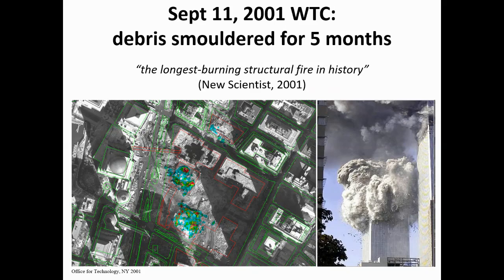You have an infrared image here, taken months after the collapse of the towers, and you can clearly see how the footprint of 3 of the towers still has very intense hotspots, which are actually the smoldering fires, and all the smoke was being produced in the middle of Manhattan for many months. Very dramatic.